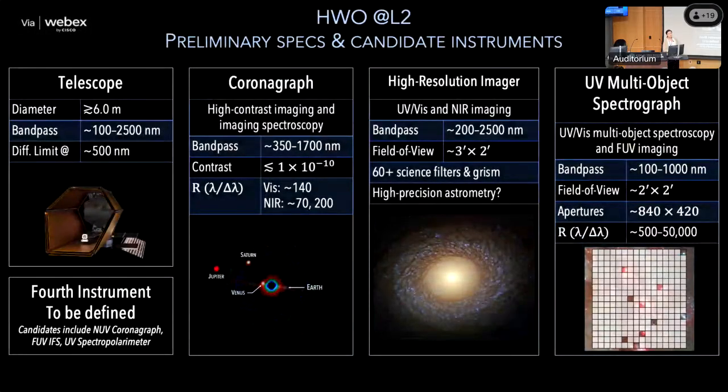But in a nutshell, this is what most people want to know about what's happening with Habitable Worlds today. There has been a lot of progress since the Decadal Survey report. It will be at L2, and these are just preliminary specs because the requirements have not yet been established. But the telescope is large. It'll be larger than about 6 meters.